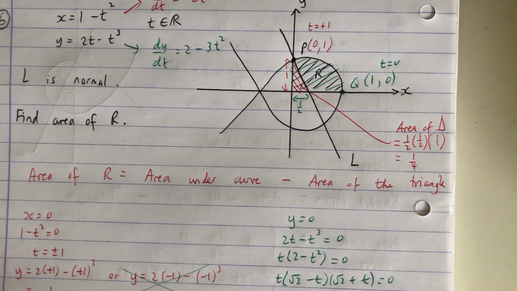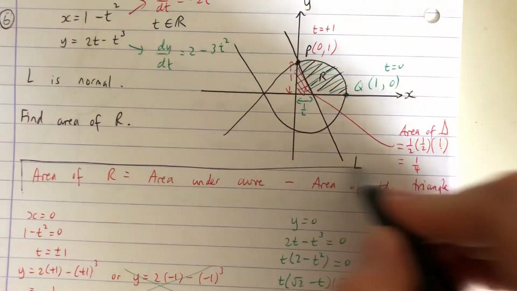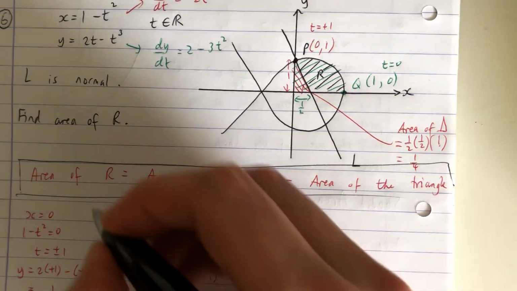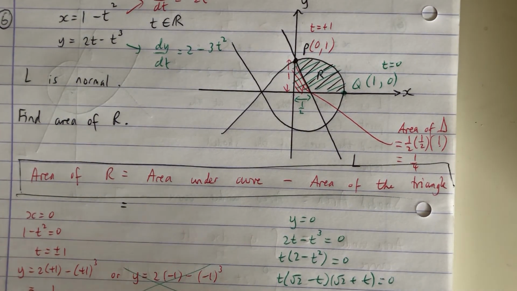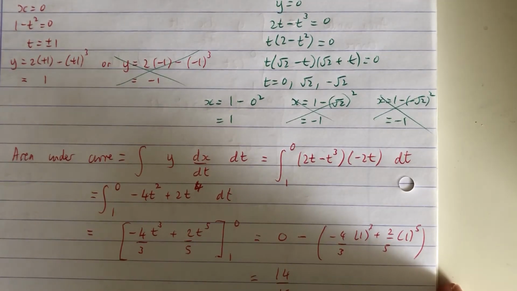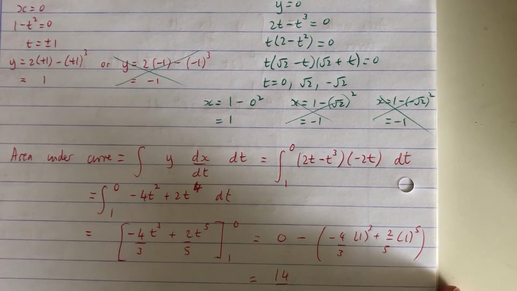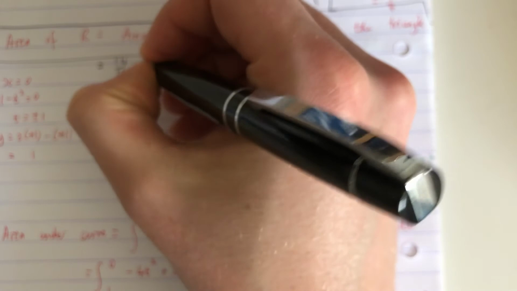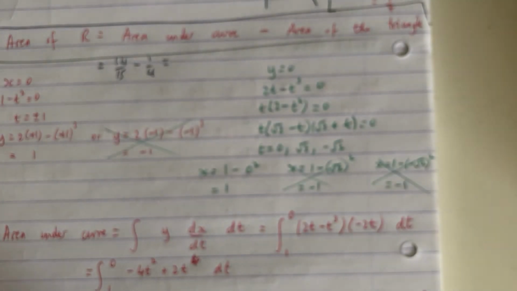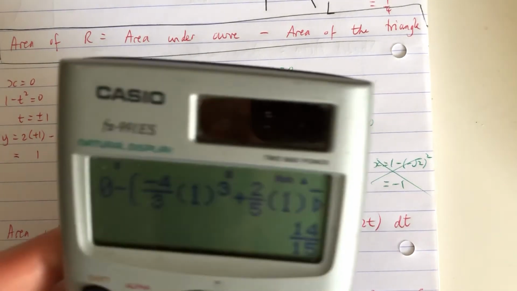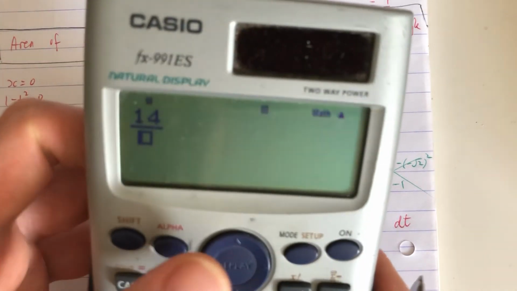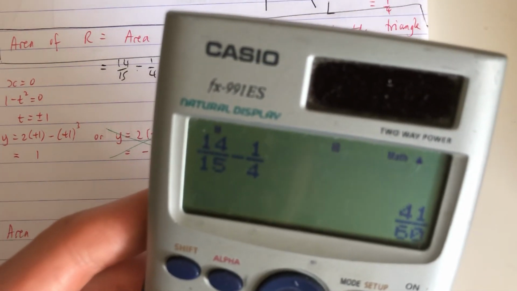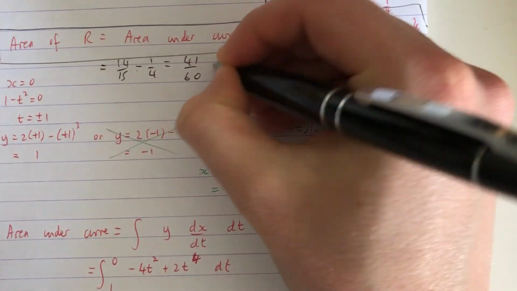And then my final answer, going back all the way to this line, is the area R is equal to the area under the curve, which I worked out at some point to be 14 over 15, subtract a quarter. And if you type that into your calculator, hopefully it will match up with the answer given on the image in the book, 41 out of 60, which is perfect.